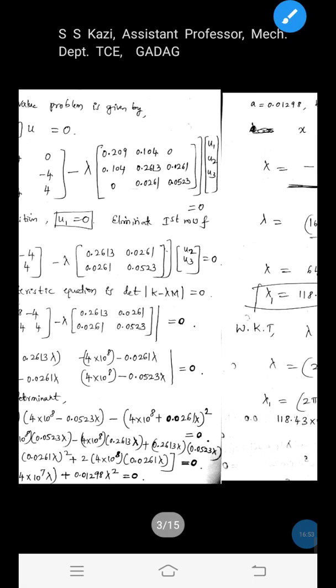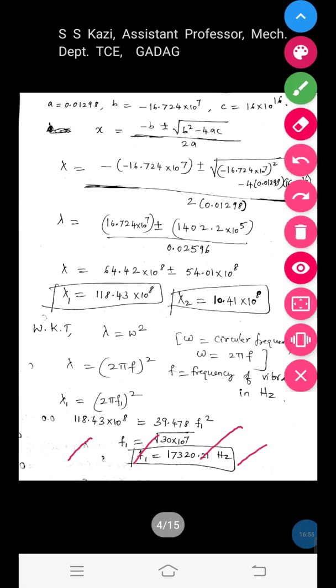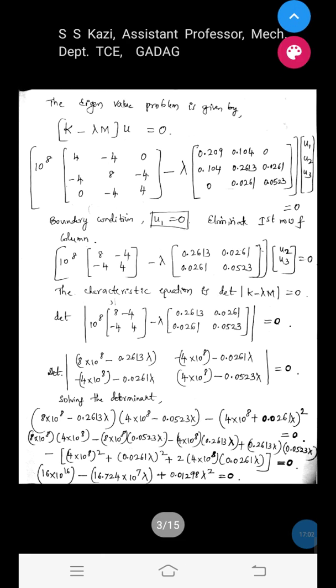Okay, that we will discuss now. This is the quadratic equation. Once again we will discuss what we got after solving the determinant.